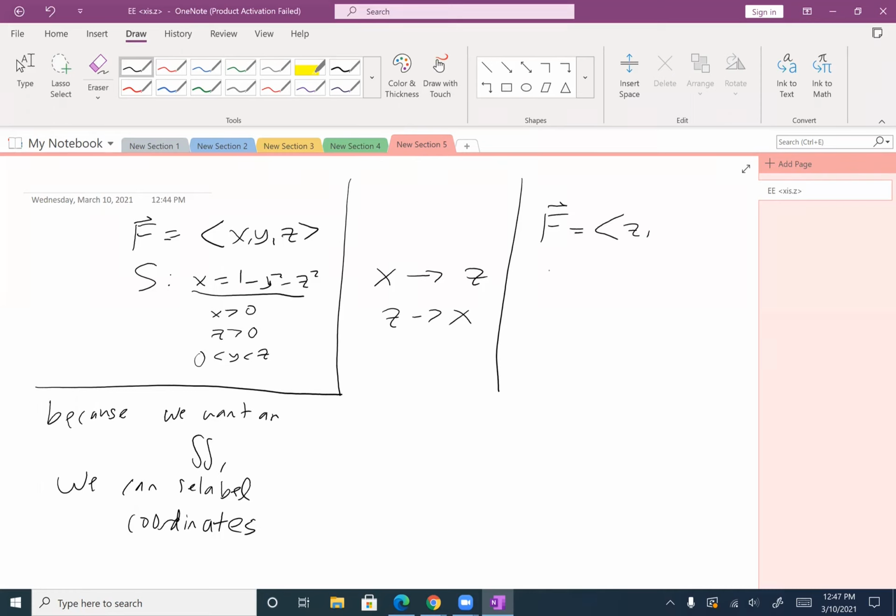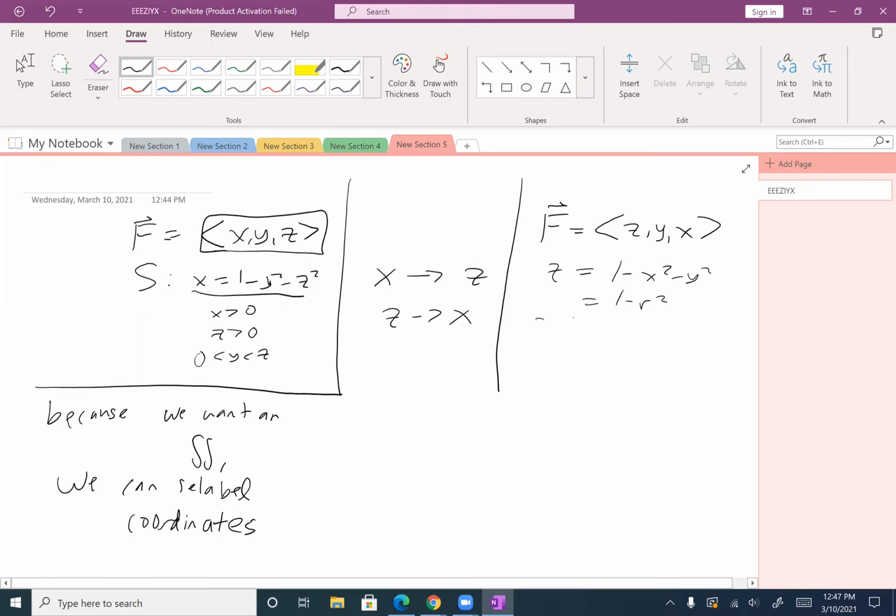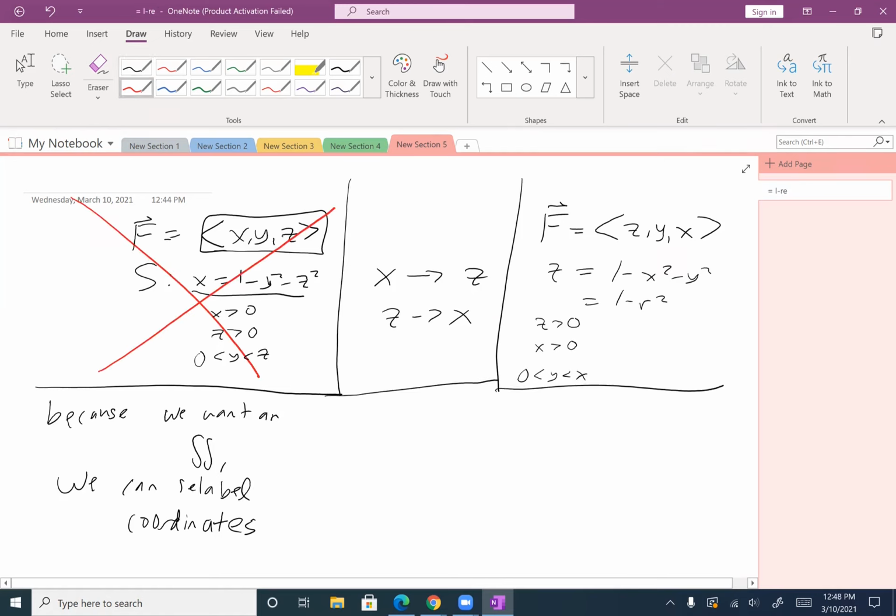It is z, y, x. So we were tricked. We thought it was the best vector field possible, but actually in disguise, it's not. So then our z is 1 minus x squared minus y squared, and now our ranges are positive z, positive x, and still y is less than x. Again, you don't have to do this, but this makes things a little clearer for me.